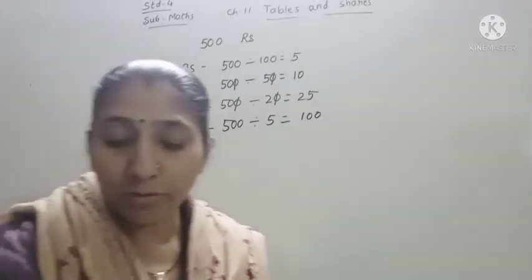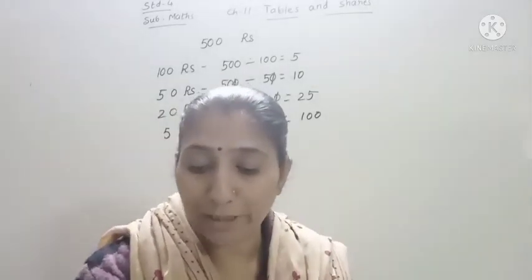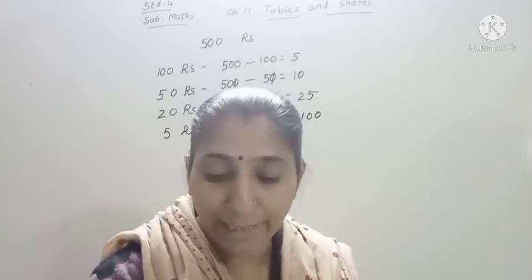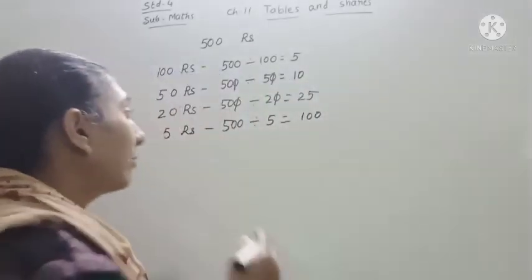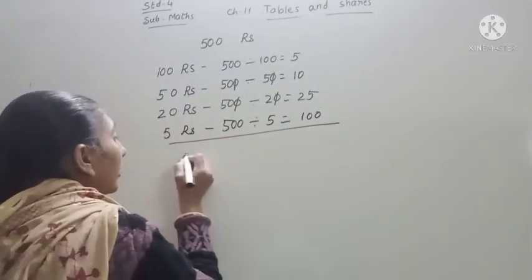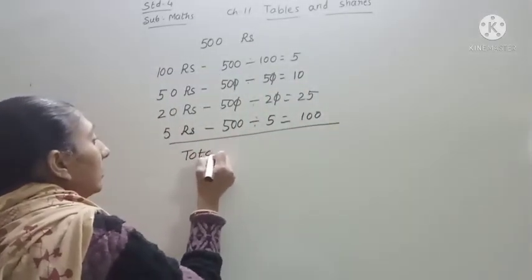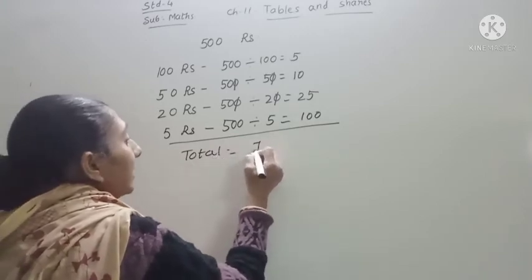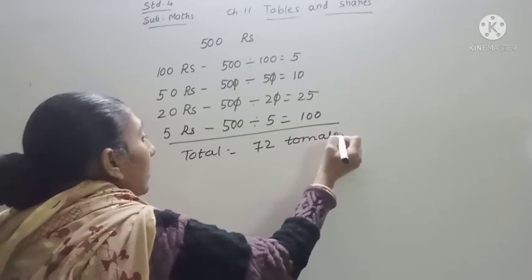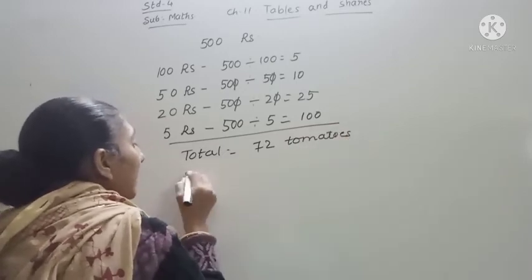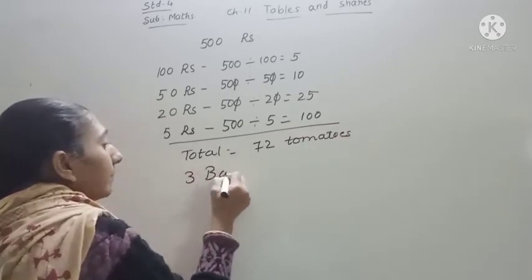Next, you have to distribute 72 tomatoes equally in 3 baskets. How many tomatoes will there be in each? Now total number of tomatoes is equal to 72. Now we have to put tomatoes in 3 baskets.